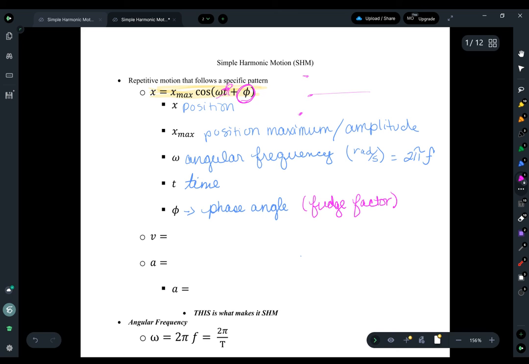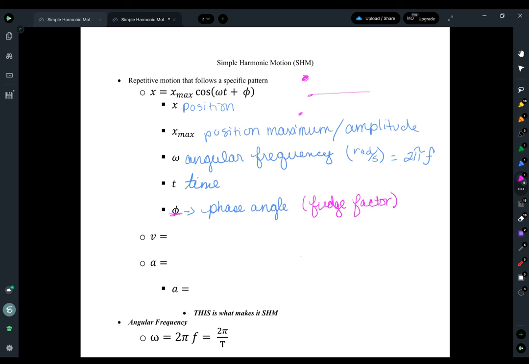So that would be a situation where we want it to start someplace other than where cosine 0 would be. We can add in a phase angle, which allows us to make that work. Okay, so let me get rid of all this so you can still see the basic equation.